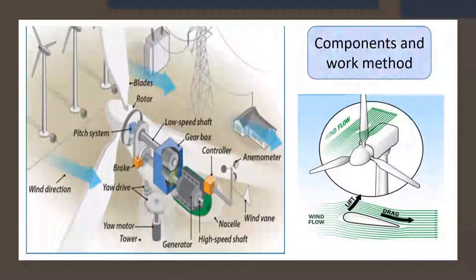This slide shows some components of the horizontal axis wind turbine, and we can see that there are blades, rotors, low speed shaft, gearbox, controller, and many other things. But this work will focus on the rotor blades, and the main working method of it is by using the wind flow and using the lift and drag effect.